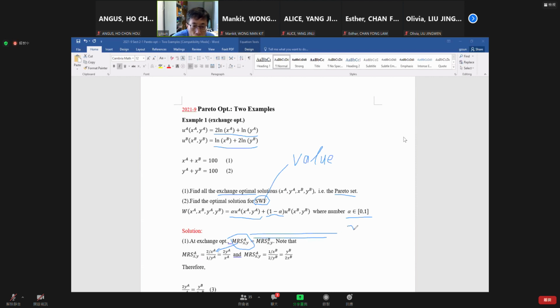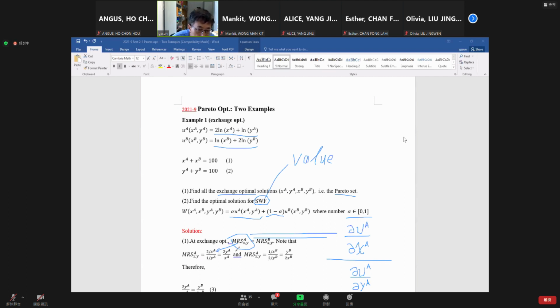For Alice, it equals the marginal utility of good X for Alice, divided by the marginal utility of good Y. Okay, so this is just a definition.